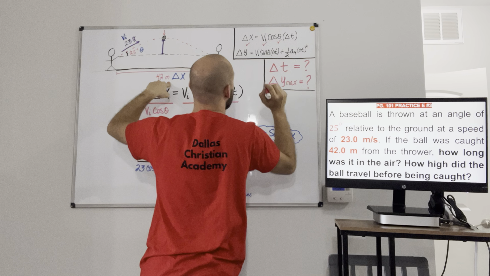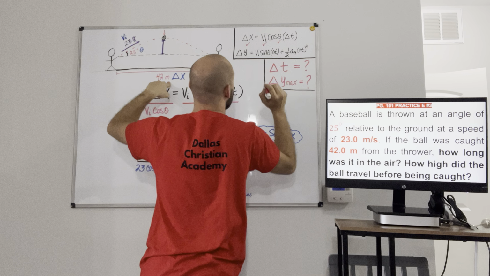Therefore, that becomes 1, this becomes 1. I'm left with just 1 times delta time equals displacement over velocity times cosine theta, which is stated here.